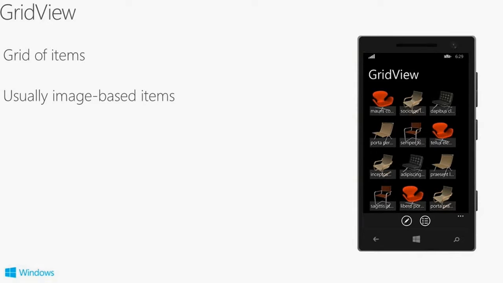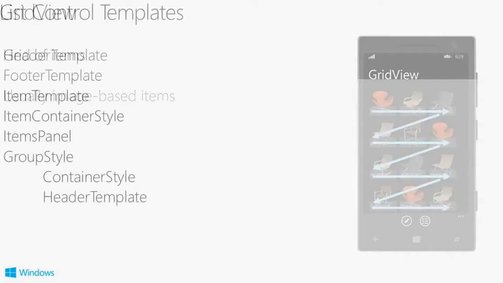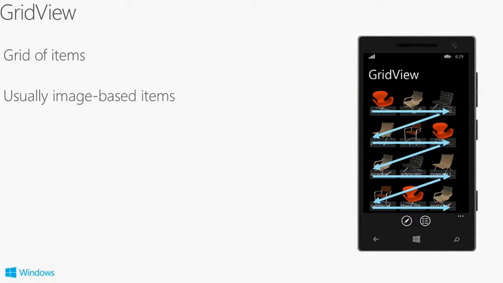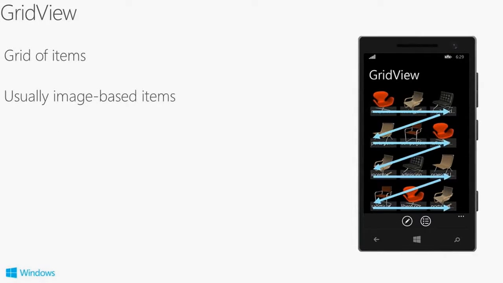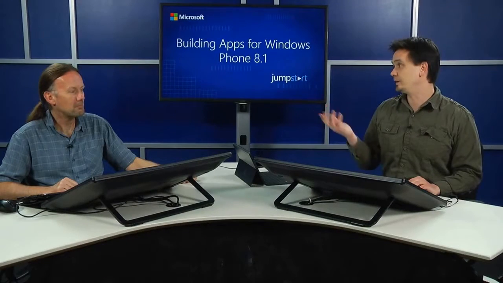If you've got a nice square image that you want to display, you can put the image in there with a smaller amount of text, and this is going to render from left to right and then down to another row, left to right, down to another row. This is a nice one for adapting to bigger screen display and sizes. This one works particularly well with Windows over Windows Phone.